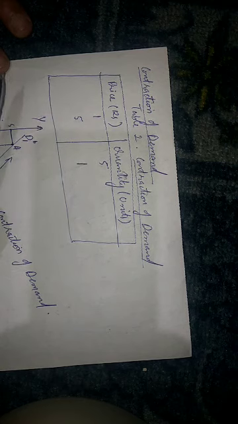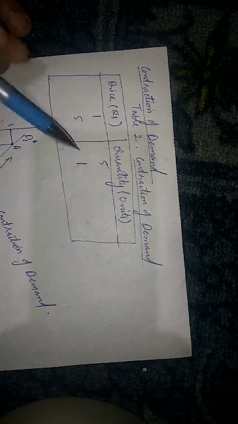See, when the price of the commodity increases from rupees 1 to rupees 5, the quantity demanded decreases from 5 units to 1 unit. This is the contraction of demand.